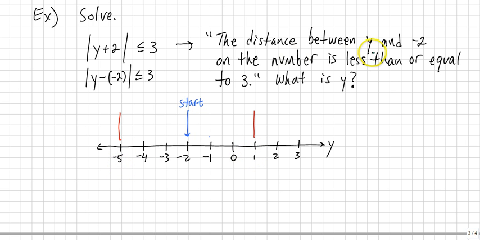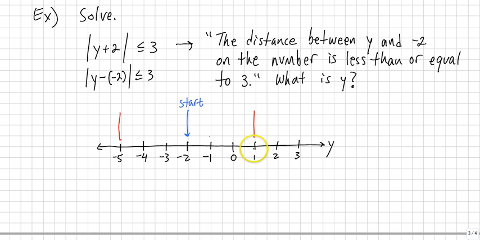But we want the distance between y and -2 to be less than that or equal to that. If it was equal to 3, we'd be at 1 and at -5. But if we have a distance that's less than that, it'll also work.